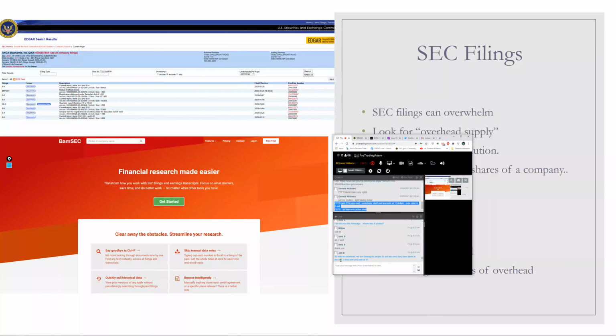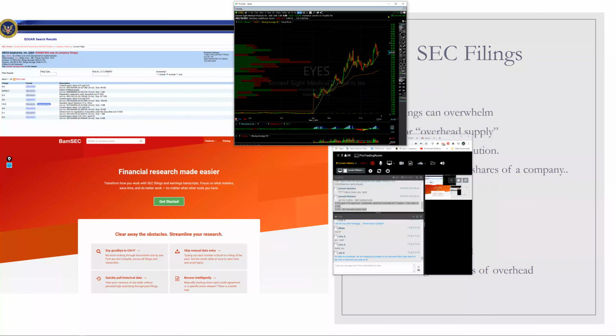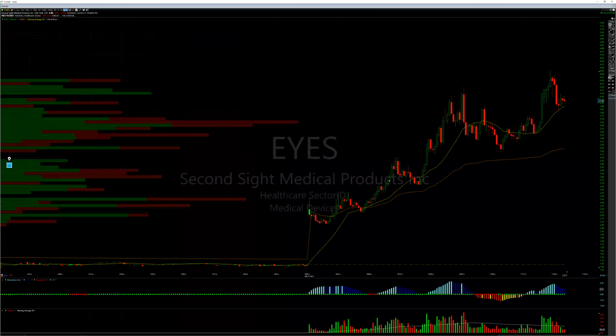Let's see, Jim says, with no overhead, we're looking for people to sell because they have been in the red. So is that how you look at it? Jim, that goes to a chart analysis, right? So on EYES, the point that you bring up is very valid.